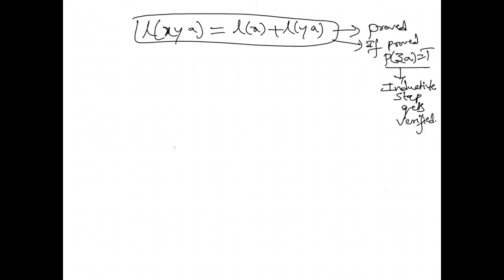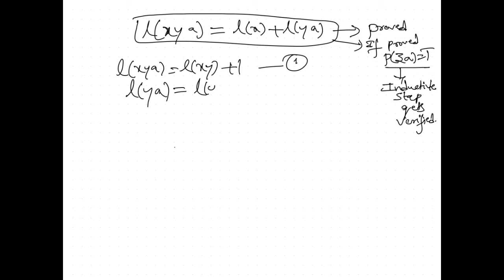To prove this one, we have got some results, right? L of xya is equal to L of xy plus 1. This is the first result. Next result, from the recursive definition of the length of the string, keep in mind, L of ya is equal to L of y plus 1.